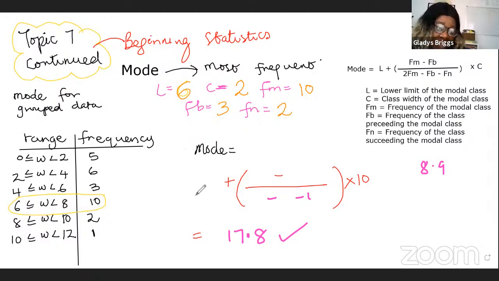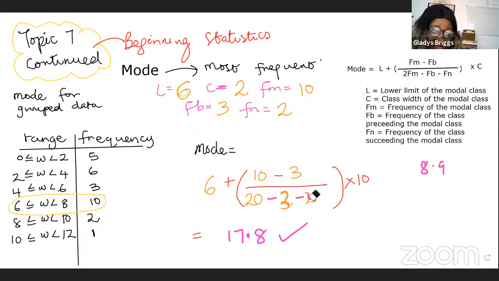So slightly different, yeah? So now the mode would be equal to L is 6 plus FM is 10 minus FB, the frequency of the class preceding, is 3, over 2 times FM is 20 minus FB is 3 minus FA is 2.